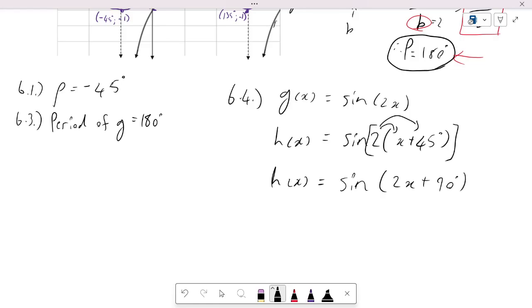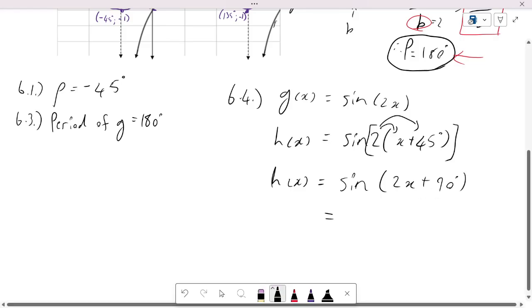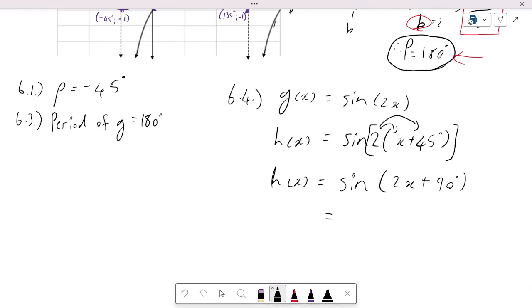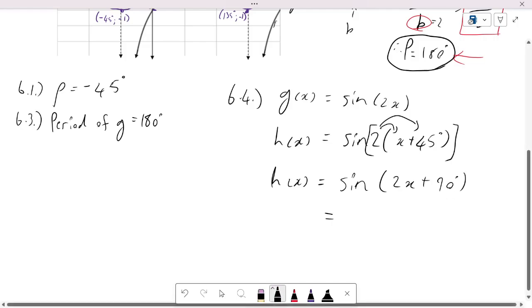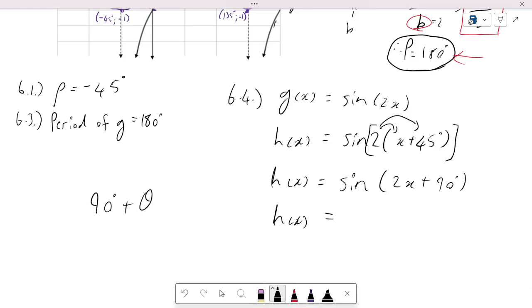Now we have a 90 degrees over here, so we need to determine whether this is going to be positive or minus after we reduce this angle. We can clearly see that this is the angle 90 degrees plus theta, which is going to be quadrant 2.